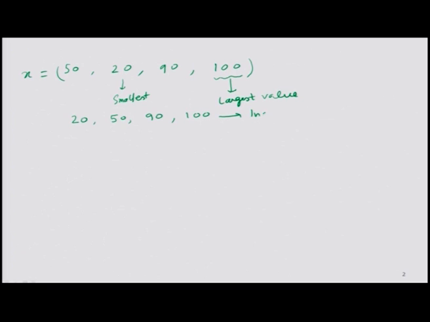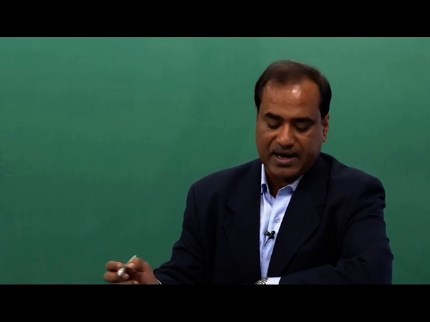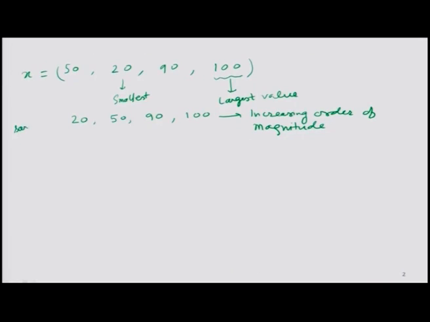So, this is increasing order of magnitude. So, I would say that we have sorted the data in x, and the sorting of data in x results in this vector 20, 50, 90 and 100.